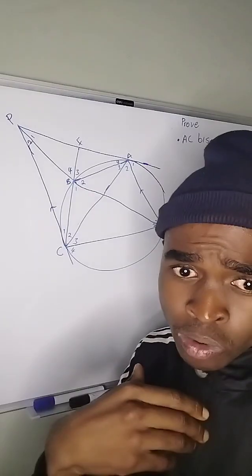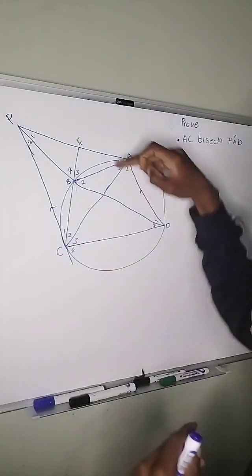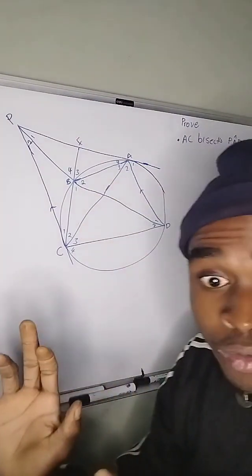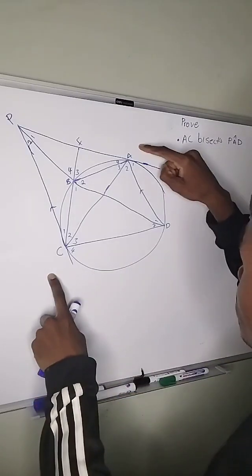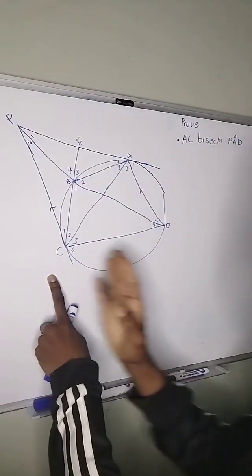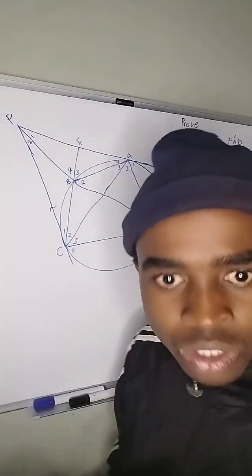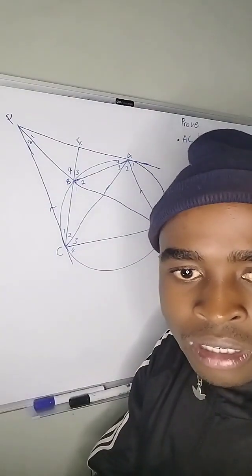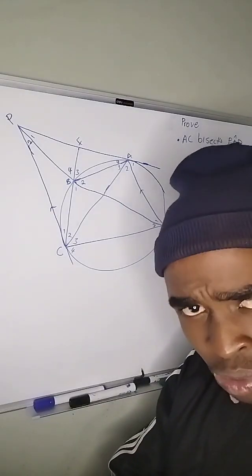I gave you the clue. We have to prove that A4 plus A3 is equal to A2, to prove that the line AC bisects angle PAD. It cuts angle PAD into half. How are we going to do that?